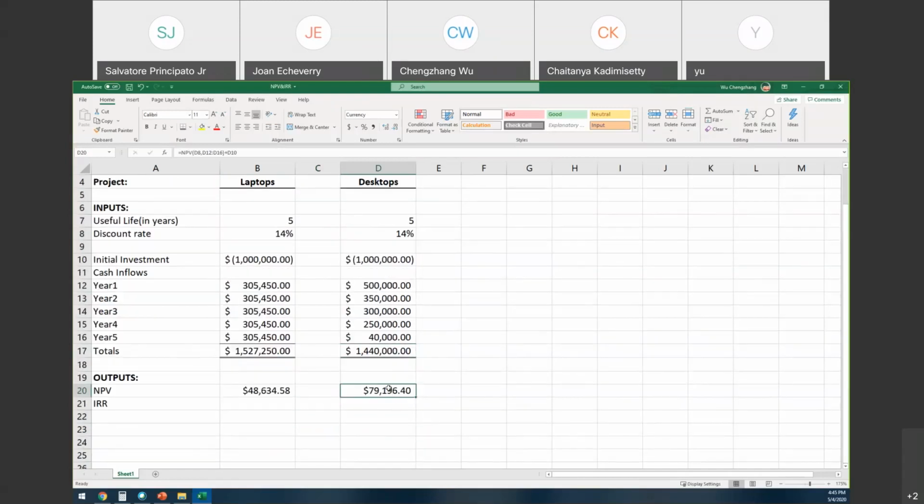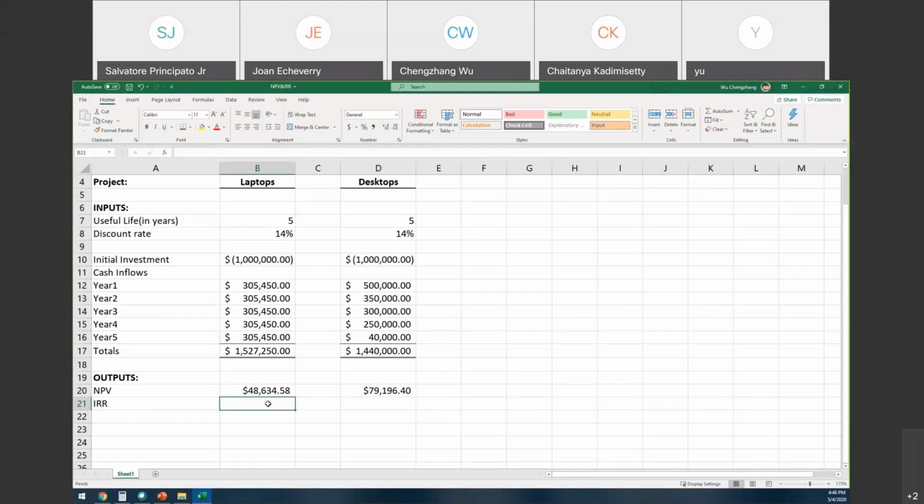If we double click this cell, we can see the formula is copied from B20 to D20. Well, this is the NPV function.